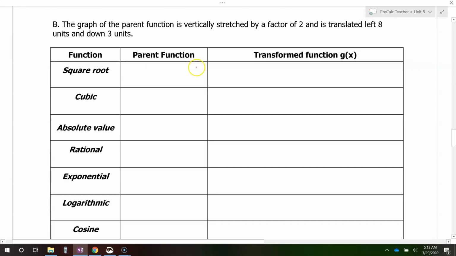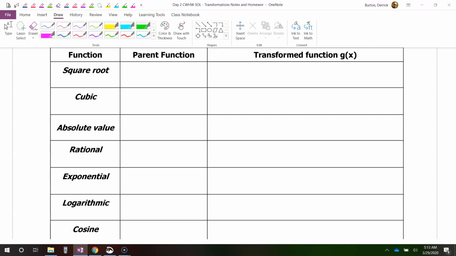Okay, so this is the same type of deal, but this time we're going to be doing vertically stretched by a factor of 2 and translated left 8 and down 3.